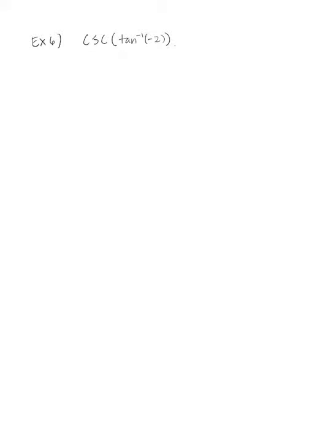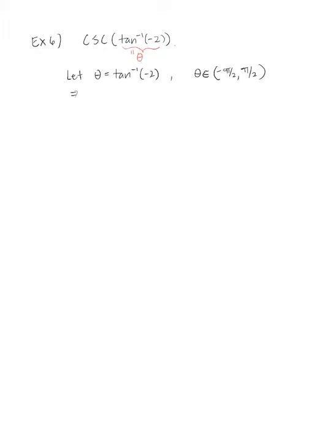So let's do the same thing. I'm going to say let theta be tangent inverse of negative 2, and theta must be between negative pi over 2 and pi over 2, but it cannot be equal to either endpoint.